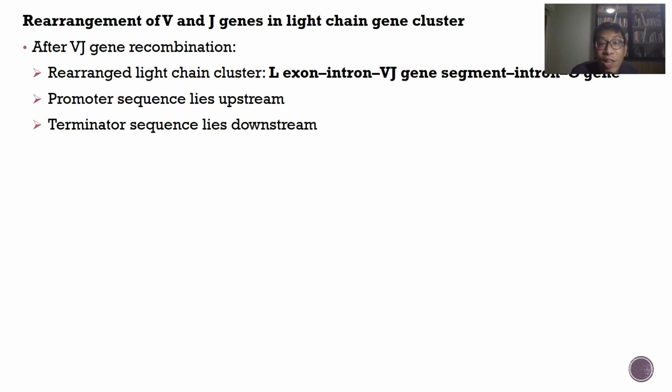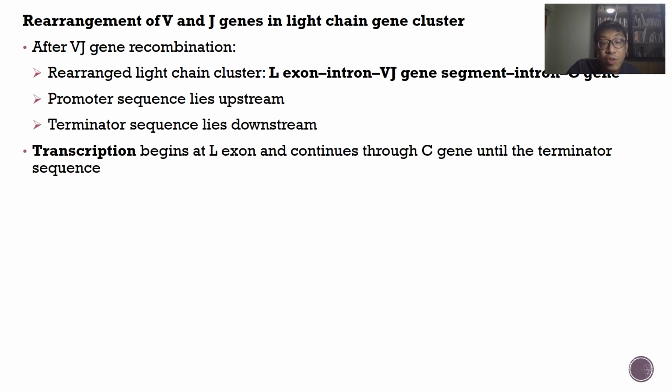Then we have this randomly combined VJ gene segment followed by another intron and one or a series of C genes. There's a promoter in front, obviously, and the terminator at the end of the light chain gene cluster. So transcription will occur beginning at the L exon, all the way until the terminator sequence downstream of the C genes.